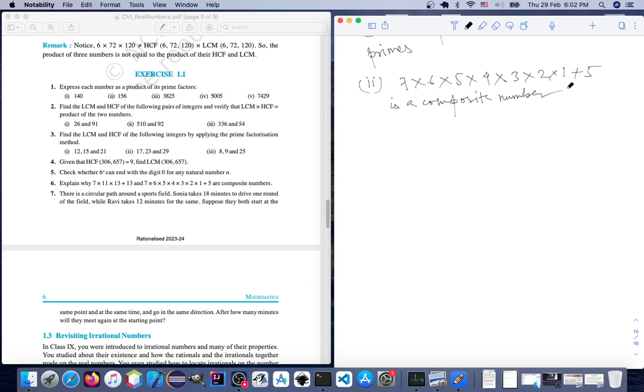So in 7 into 6 into 5 into 4 into 3 into 2 into 1 plus 5, if we take 5 common, we get 5 into 7 into 6 into 4 into 3 into 2 into 1 plus 1.